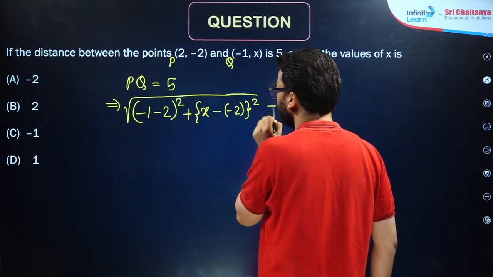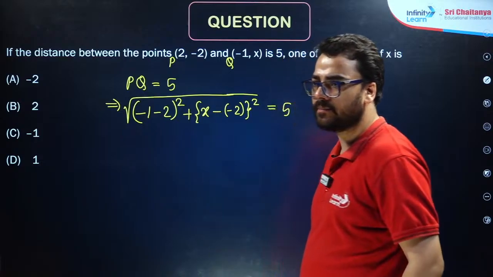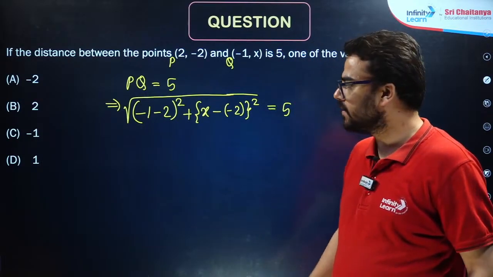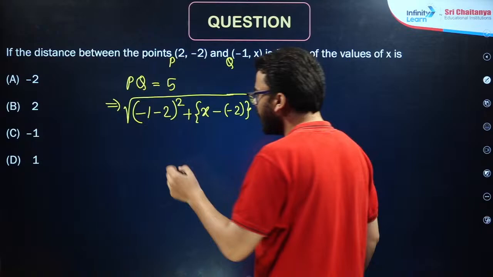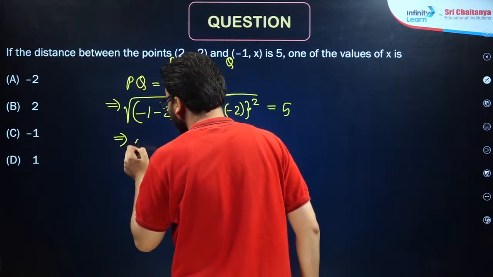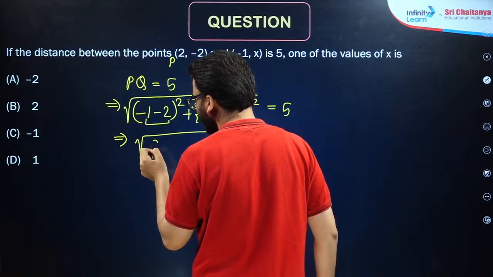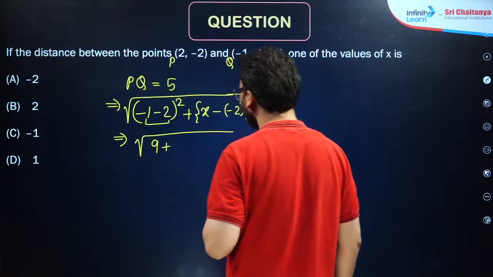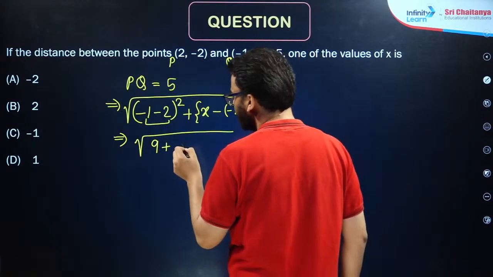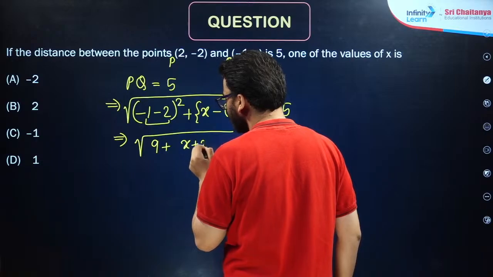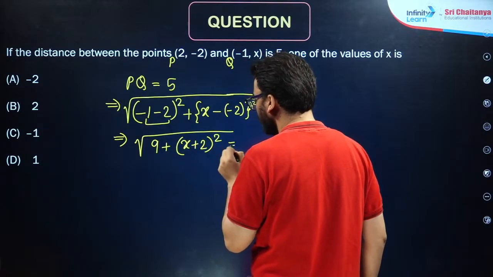And that is equal to 5 over here. Is that clear? Now you want to remove the square root, or before that you can simplify. Inside this square root, what you are having? This is minus 3 the whole square, that is 9. Minus 3 square is 9 or not, tell me? And this will be x plus 2 the whole square. And that is equal to 5.